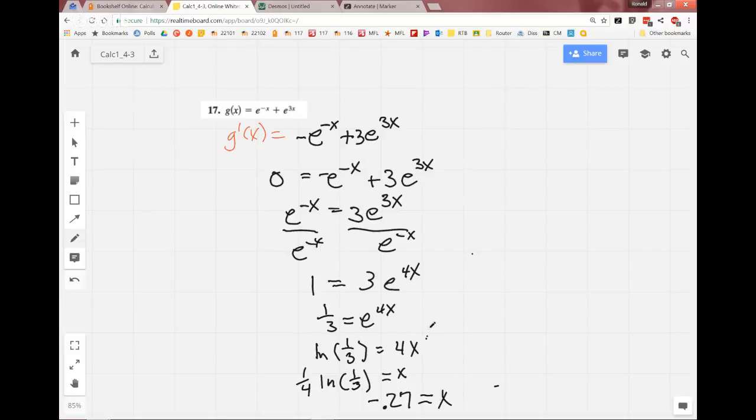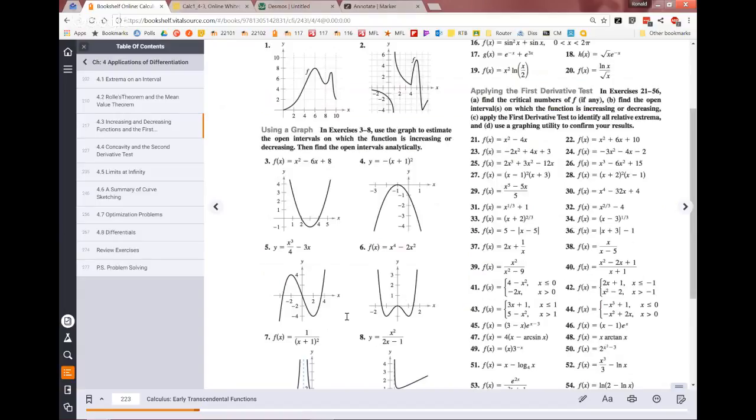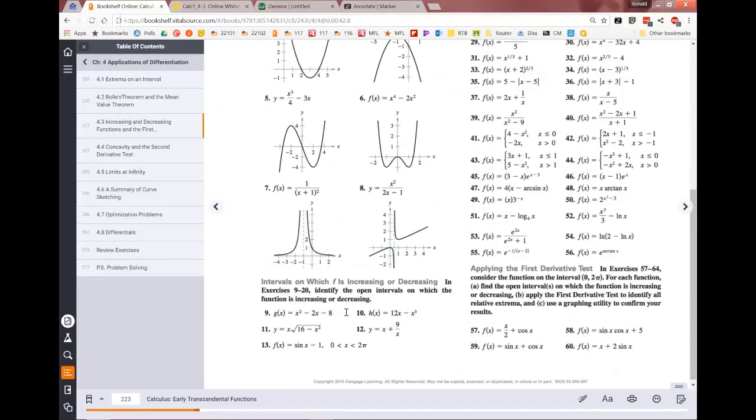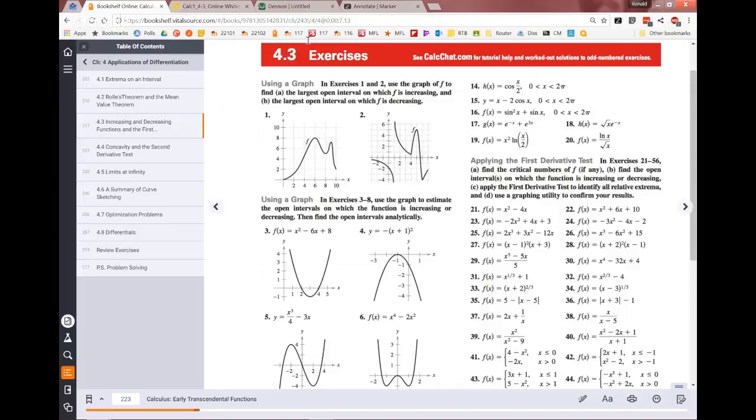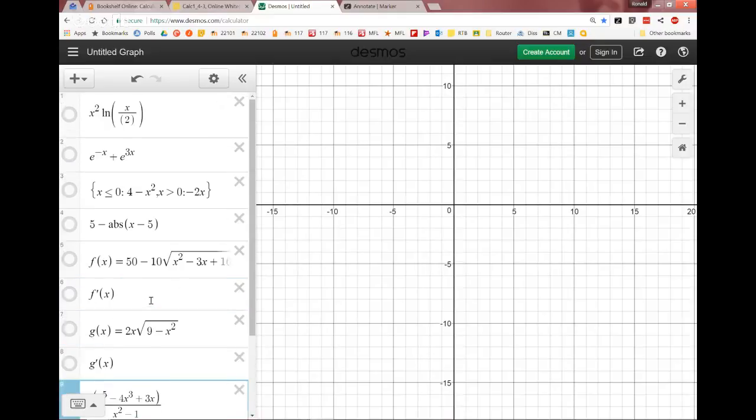Okay. So now that we've found that, let's take a look and see if that agrees. Directions on 17: when is it increasing? When is it decreasing? Okay, got it. This is e to the -x plus e to the 3x.